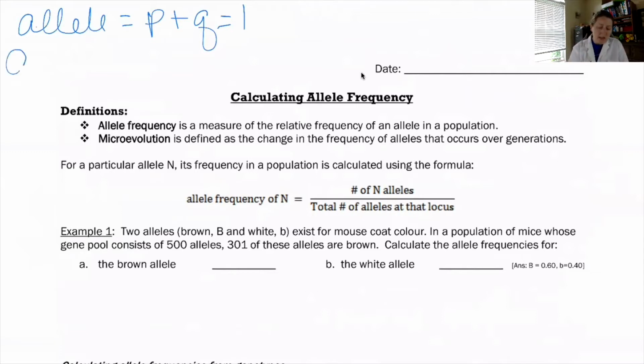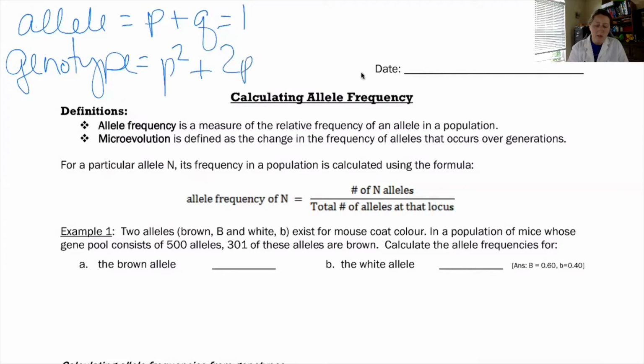Then we also have the genotype. So this is where our homozygous dominant, which is P squared, plus 2PQ, which is the heterozygote, plus Q squared, should equal 1, should equal 100%. So those are the only three genotypes that are possible. So if you add them up, that should equal 100%.